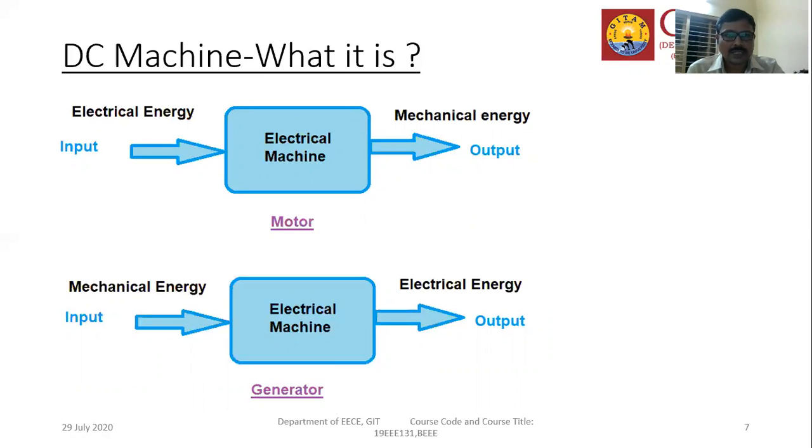So a DC motor converts electrical energy into mechanical energy, whereas a DC generator converts mechanical energy into electrical energy. Altogether, these two are in general called DC machines. The same DC machine you can use as a generator when you give mechanical energy, and as a DC motor when you give electrical energy as input. Clear?